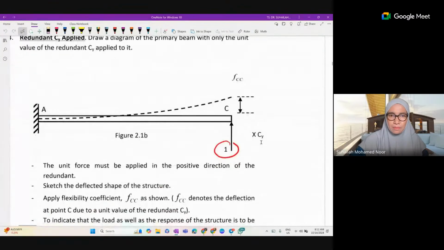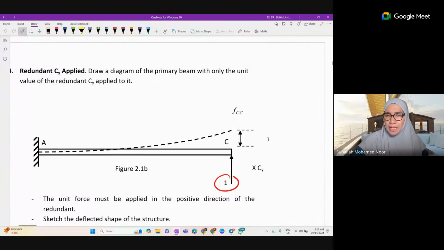Then we will have the redundant beam, of the same type. If the primary beam is a cantilever beam, the redundant beam is also a cantilever beam. If the primary beam is a simply supported beam, the redundant beam is also a simply supported beam. Now we have the cantilever beam subjected to a unit value of CY. It comes from CY, but we have to change CY to 1 times CY so that we can analyze the redundant beam due to a unit value of CY.